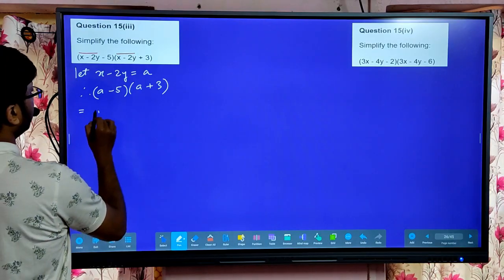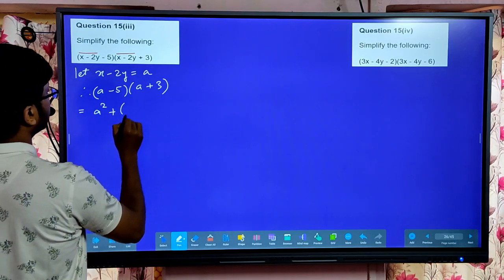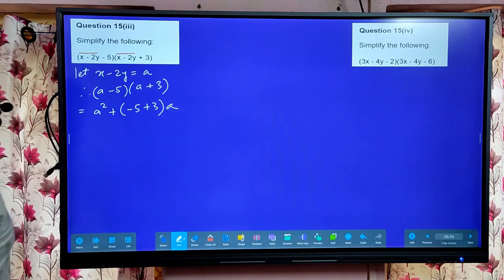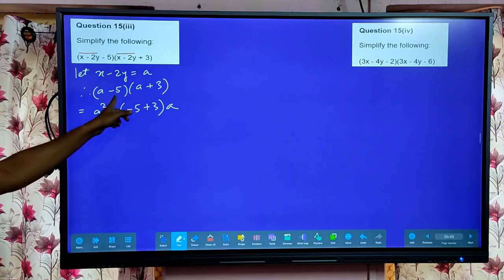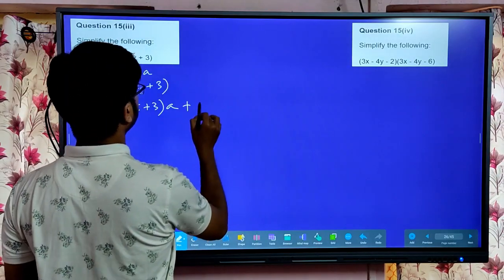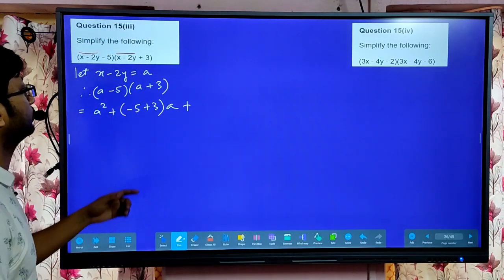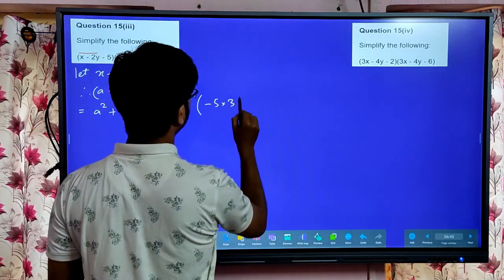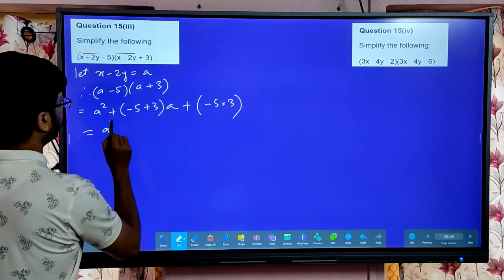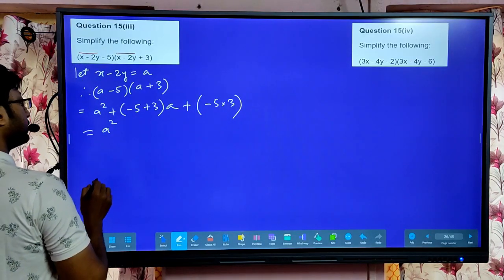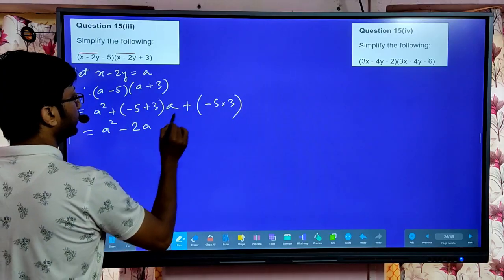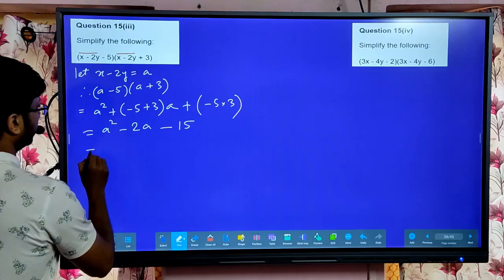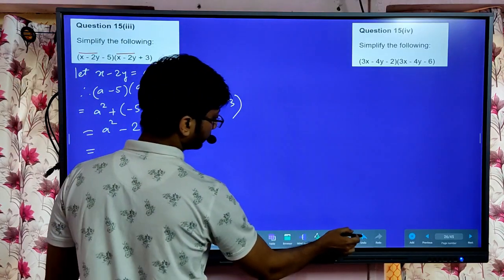If you multiply, it will be a square plus minus 5 plus 3a, then minus 5 into 3. So it will be a square, minus 5 plus 3 is minus 2, minus 2a, and minus times plus is minus 15.